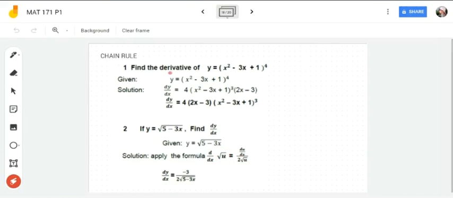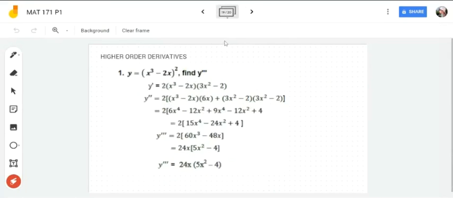And then for the power rule, the derivative of u to the n is equal to n times u to the n minus 1 multiplied by your du. Okay, so you can check it on your notes.